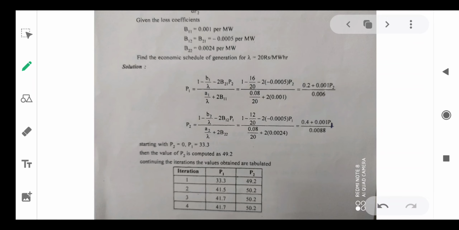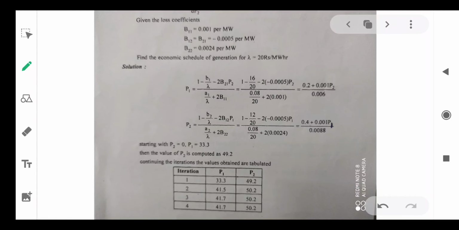P2 equal to 0.4 plus 0.001 P1 divided by 0.0088. So therefore let us assume P2 equal to 0 at beginning and substitute the value in the P1 expression, you will get P1 equal to 33.3.